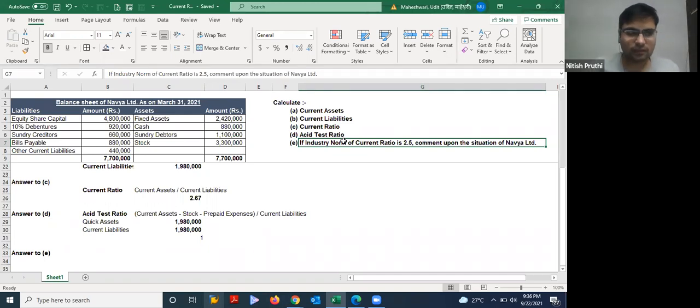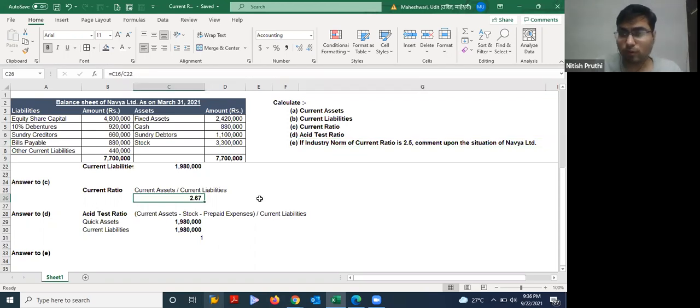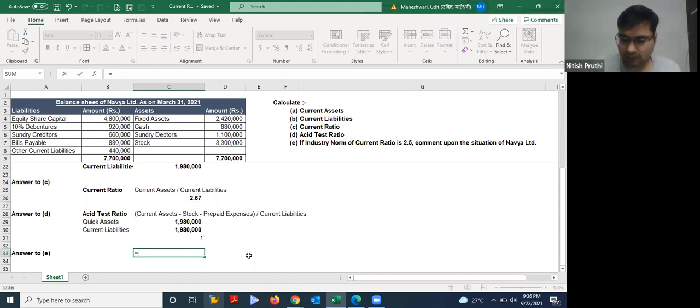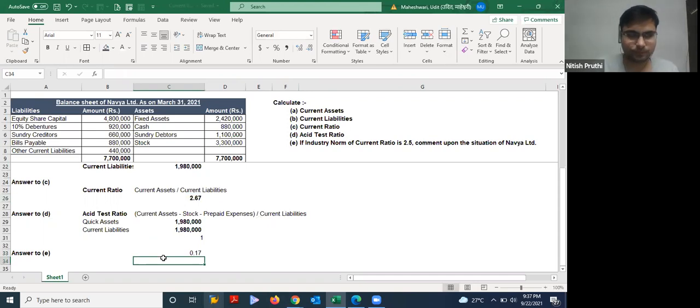Now, in the given case, in point number C, we calculated that the current ratio of Navya Limited is 2.67, which is higher as compared to the industry standard. So, what is the industry standard? Industry standard is 2.5. So, 2.67 minus 2.5, it is higher by 0.17. So, how will you present this answer?